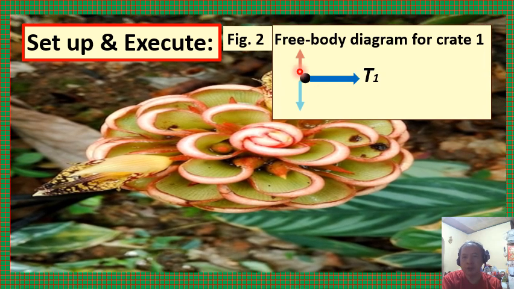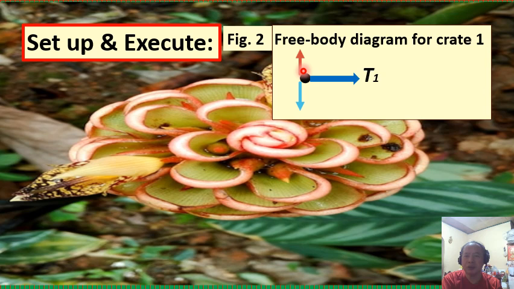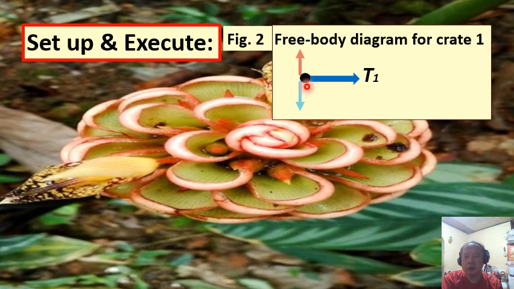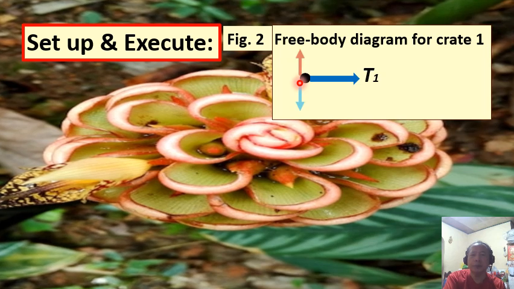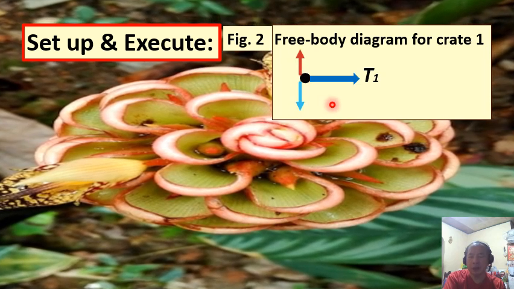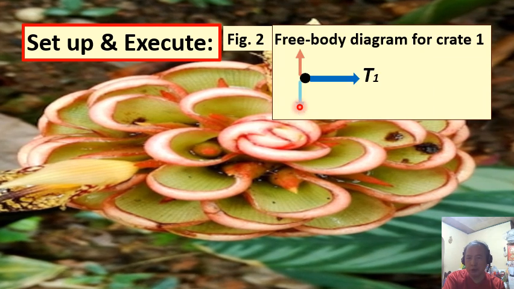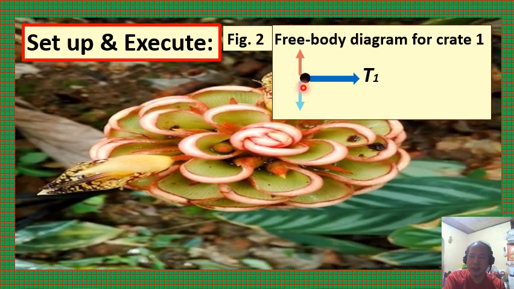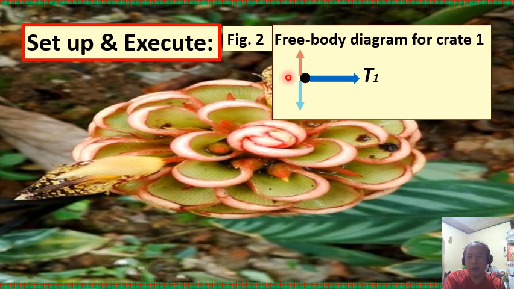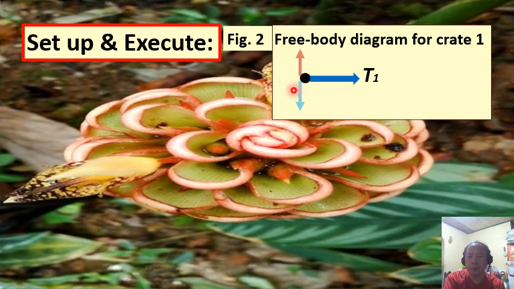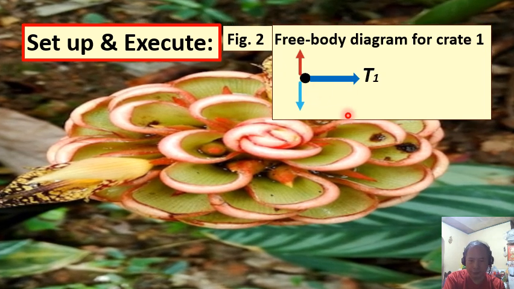Because these two forces have equal magnitude but exactly opposite directions, in accordance with Newton's first law of motion, or the law of equilibrium, their vector sum equals 0. So these two forces have no direct effect on the horizontal motion of crate number 1.